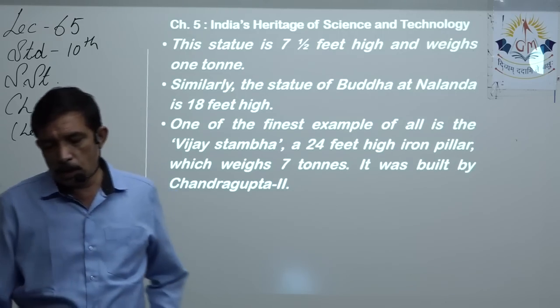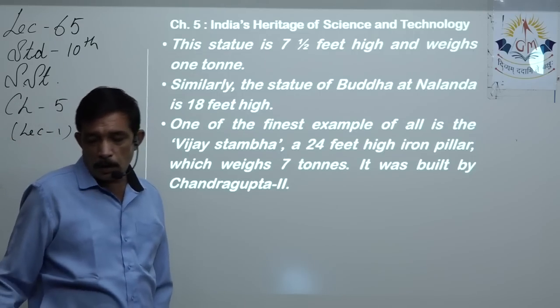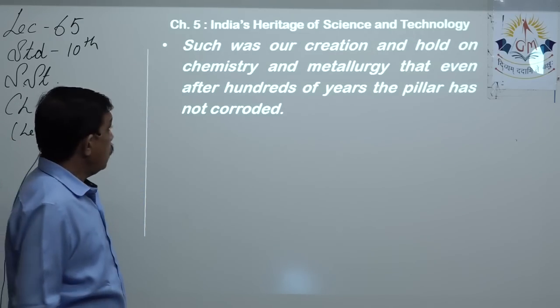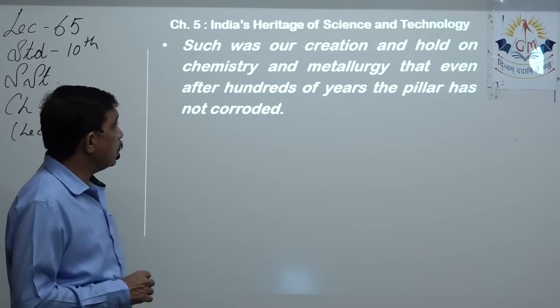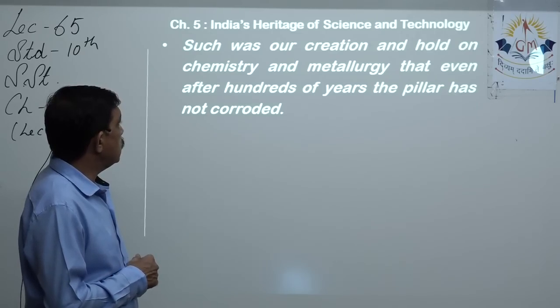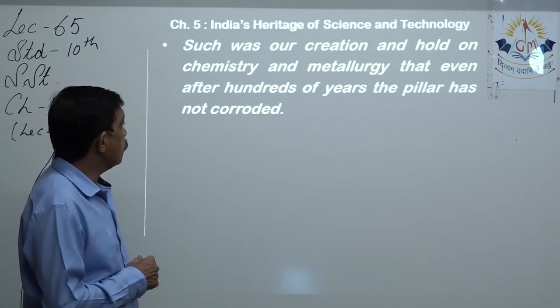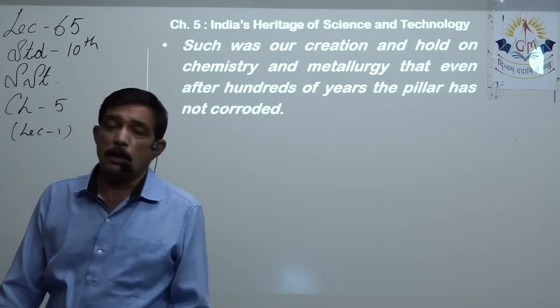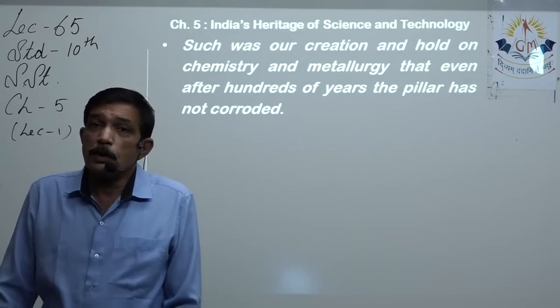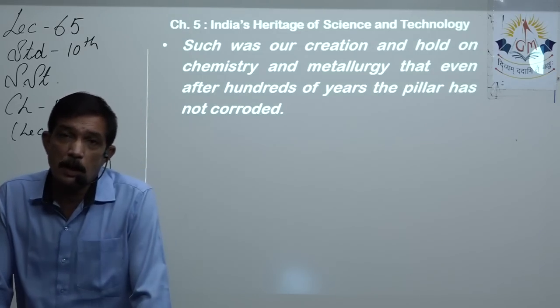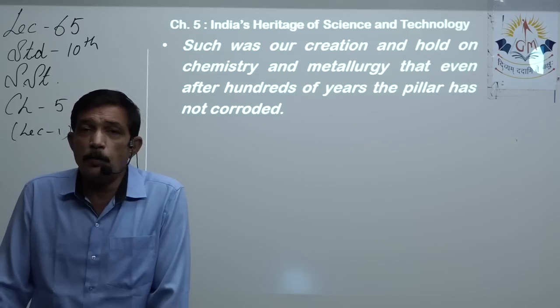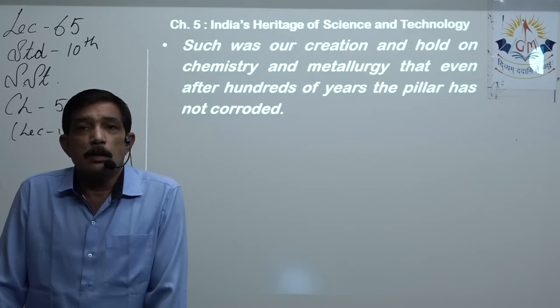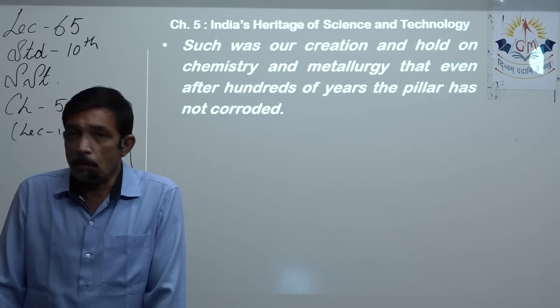It was built by Chandragupta II during the Gupta period. Such was our creation and hold on chemistry and metallurgy that even after hundreds of years the pillar has not corroded. Though it is an iron pillar, lots of other minerals were mixed in it so that the iron does not rust.